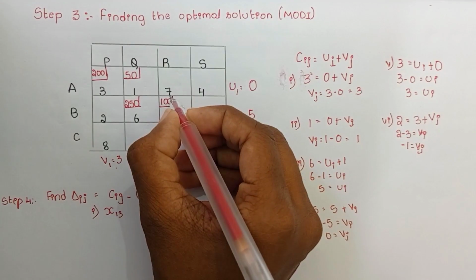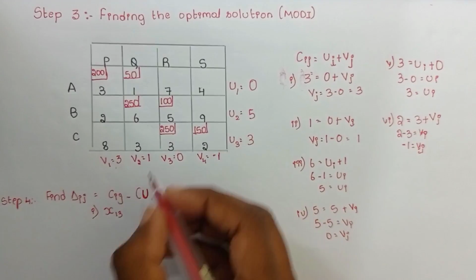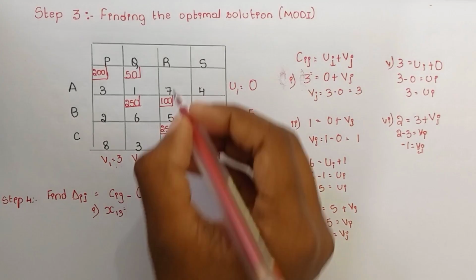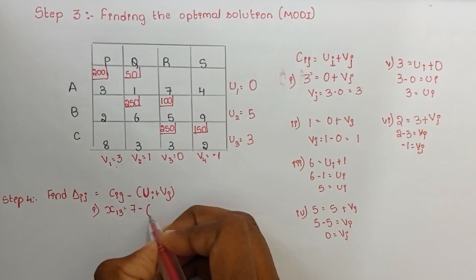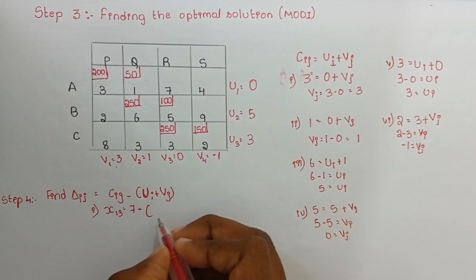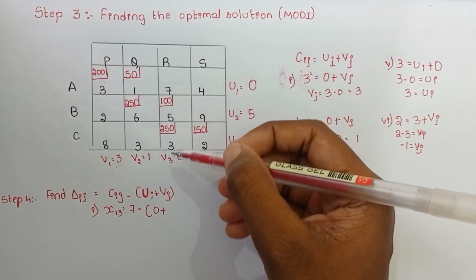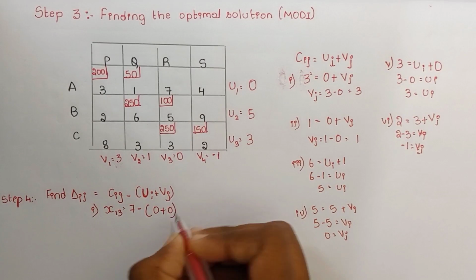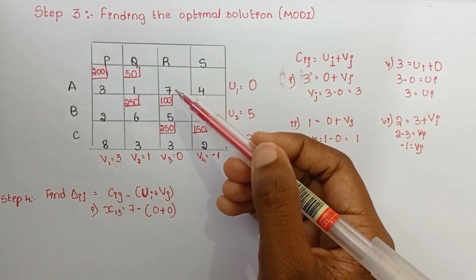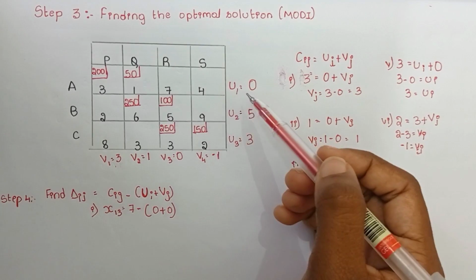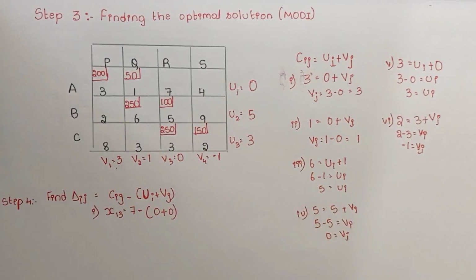I am representing this 7 as x13, that is, first row and third column, which is equal to the Cij value of 7, minus the u value for 7, which is 0, plus the v value for 7, which is 0. Did you get my point? So the Cij value is 7, the u value for this 7 is 0, and the v value for this 7 is 0.